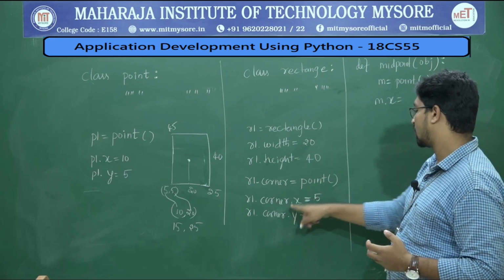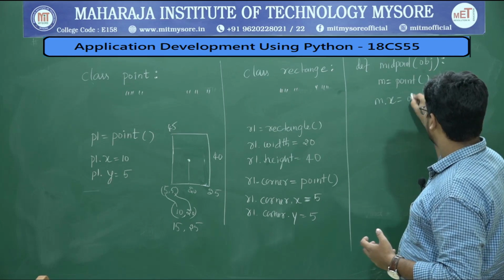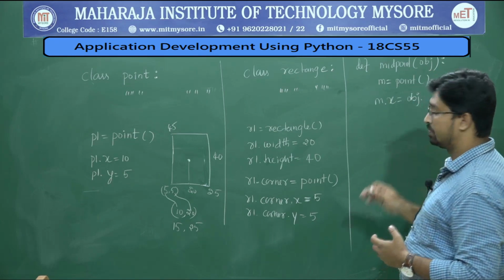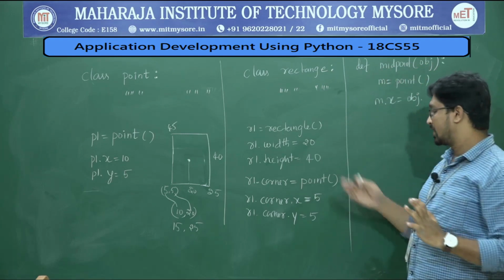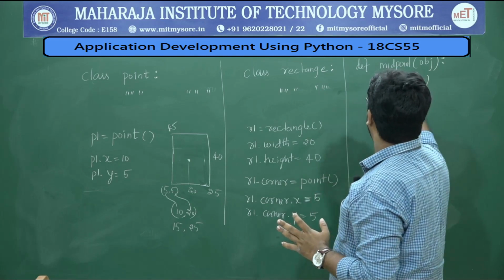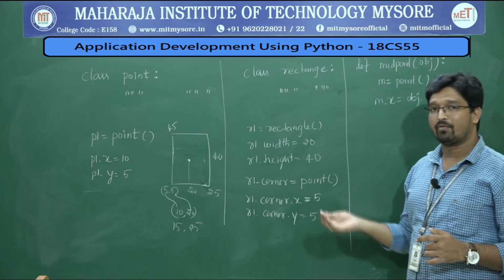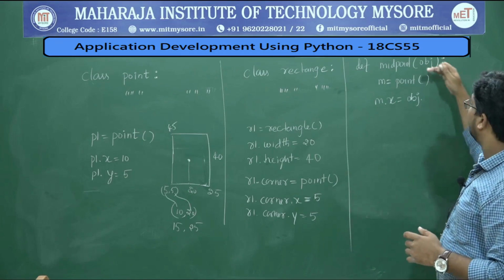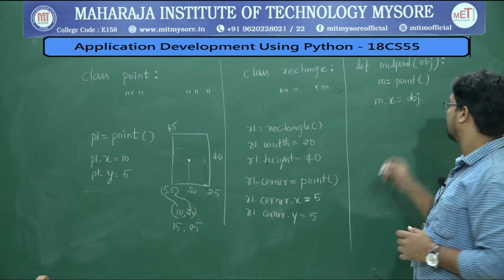We should know what the corner is. So what is the object we are passing? We are passing the obj object, means I am calling this midpoint function with some object. Let me call this with midpoint of R1. When I call midpoint of R1, it should be able to pass this value to this midpoint method.